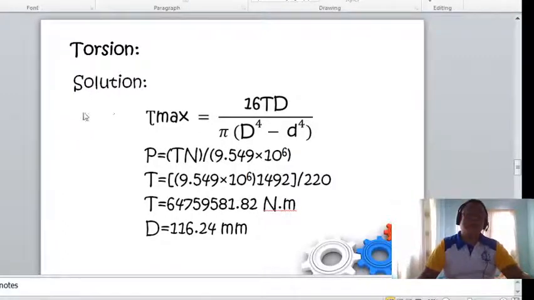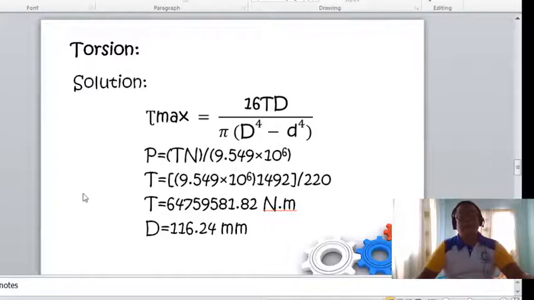Anyway, this is only a conversion. So, do not be misled by this constant at the denominator. But anyway, the power is defined as power equals 2 pi Tn over 60. So, just use that equation.